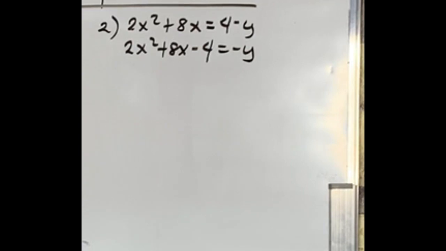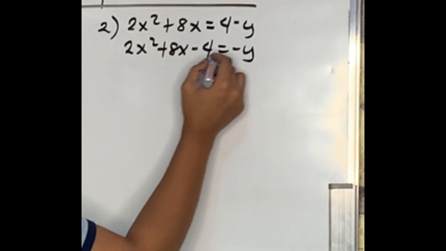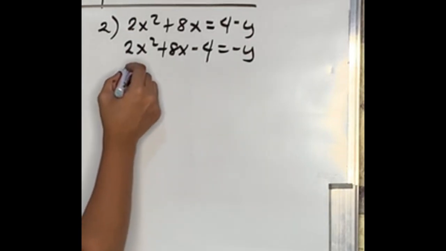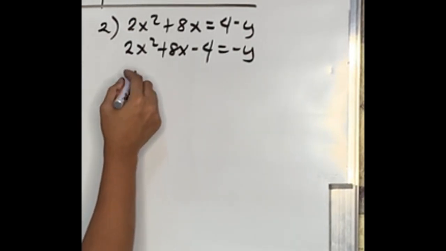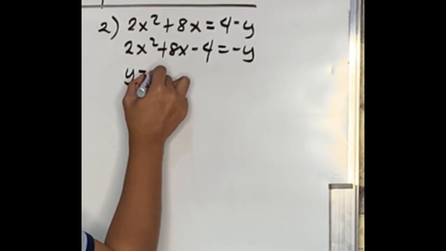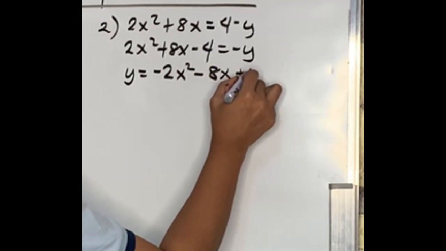In this case, y should always be the one that is positive. So we need to multiply all the terms by negative, and writing y first on the other side of the equation. So you will get y is equal to negative 2x squared minus 8x plus 4.